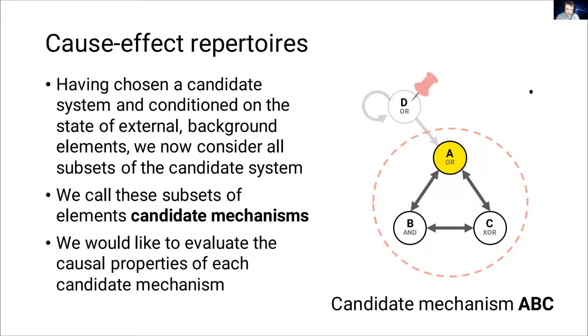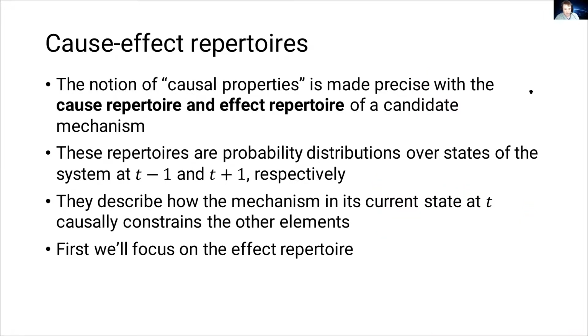We want to know what the influence of that mechanism, that subset of the system that we're interested in, being in a particular state has on the probability distribution of future states of the system. And this is what we're defining as the causal properties of some mechanism.